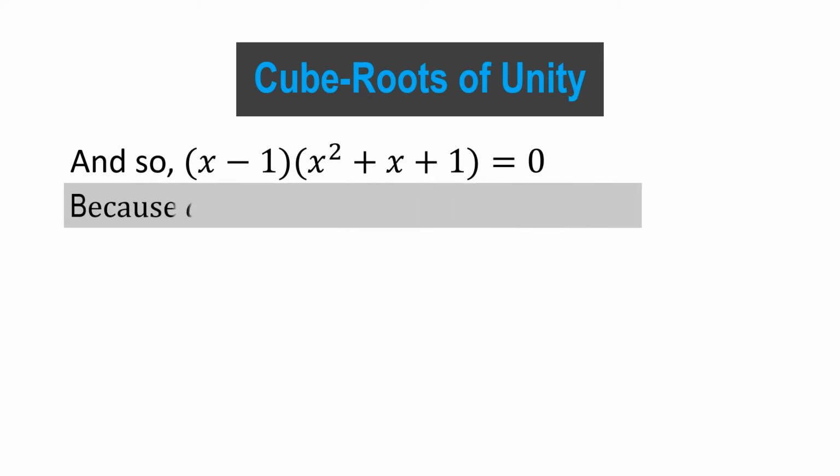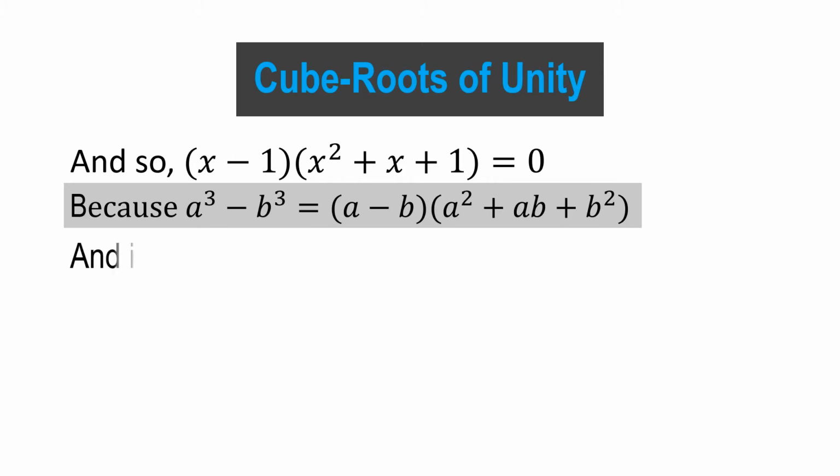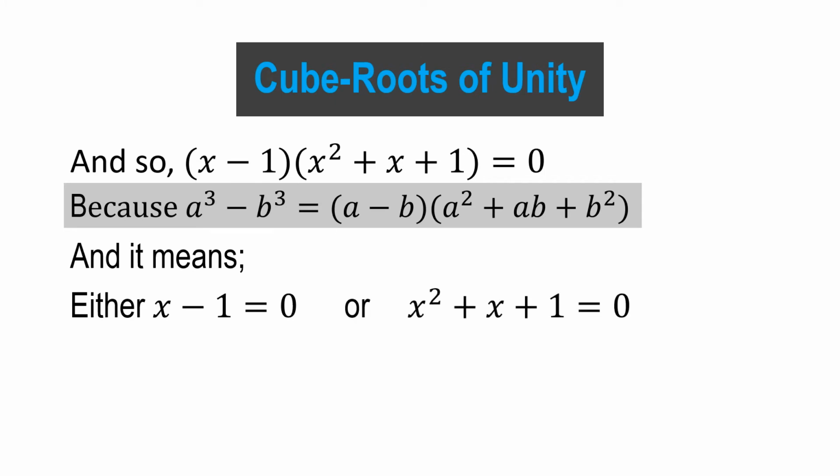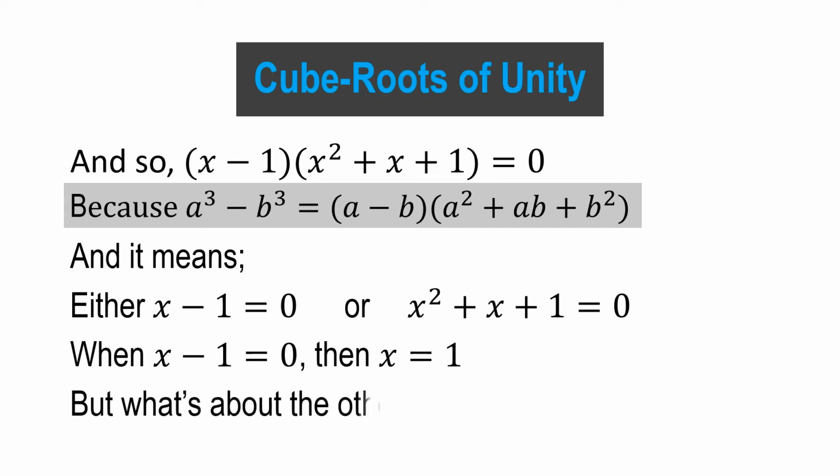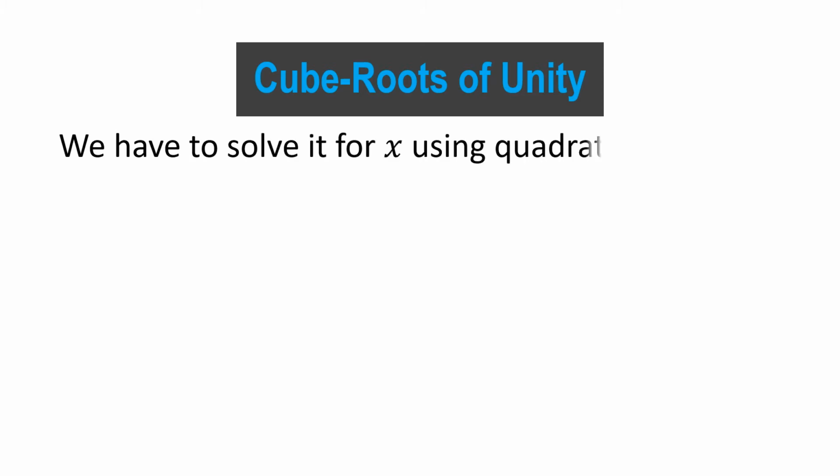And so, product of x minus 1 and x squared plus x plus 1 is equal to 0, because a cubed minus b cubed is equal to product of two factors a minus b and a squared plus ab plus b squared. And it means either x minus 1 is equal to 0 or x squared plus x plus 1 is equal to 0. When x minus 1 is 0, then x is 1. But what about the other factor?